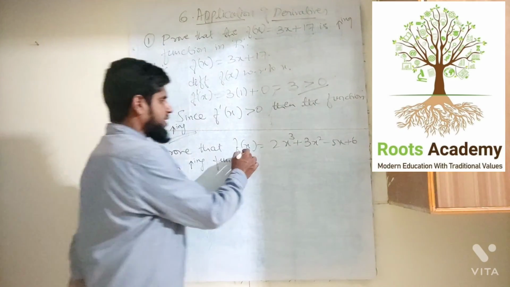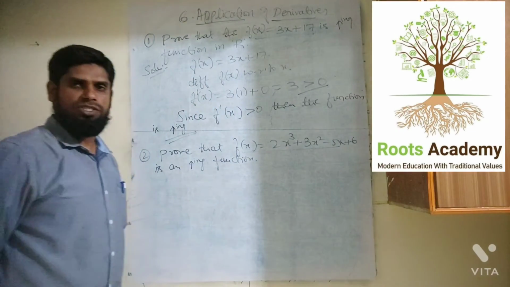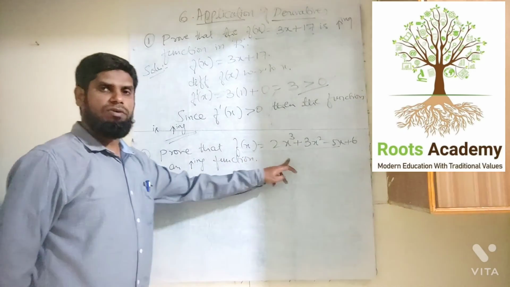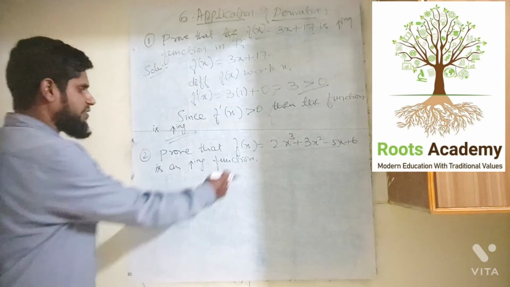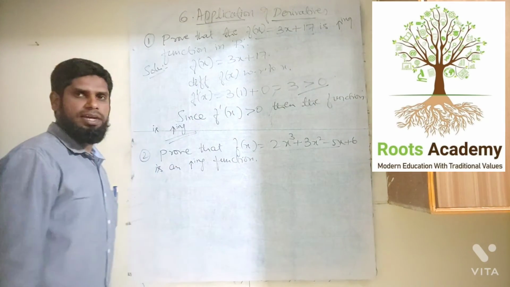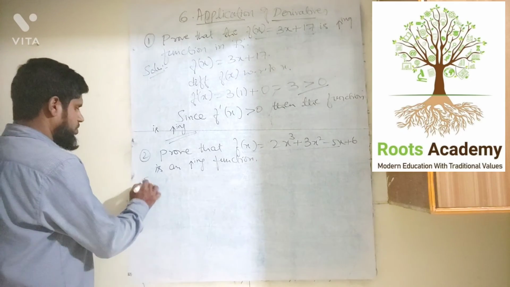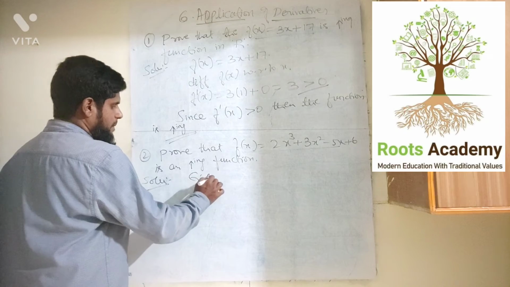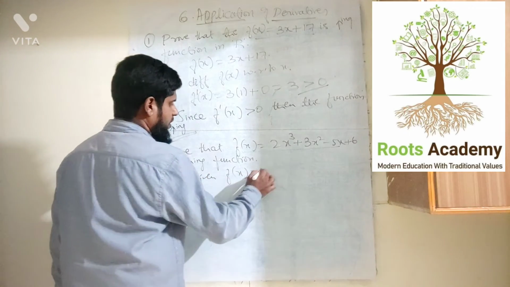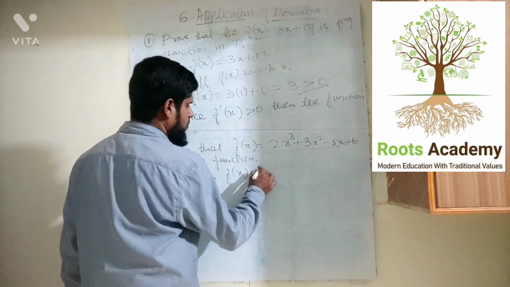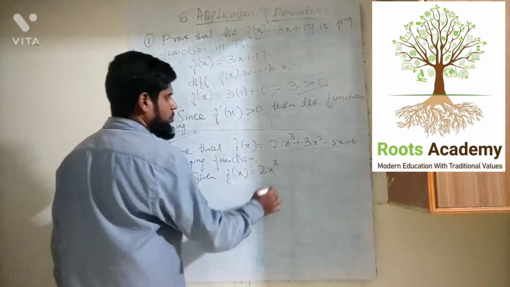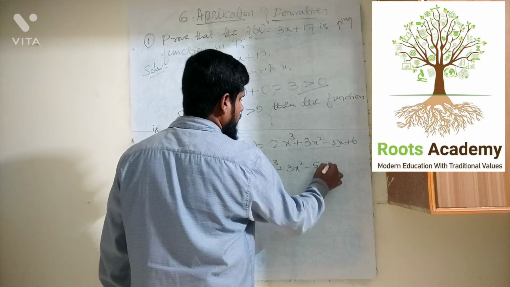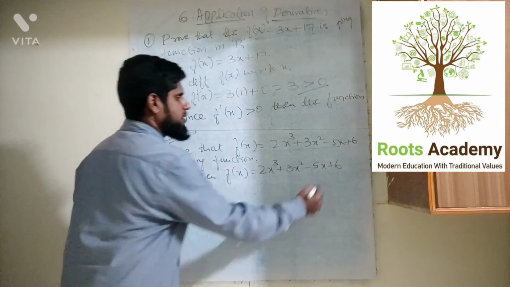This time we have a cubic function, cubic equation, and we should prove that it is an increasing function in real numbers. If nothing is given, then we will consider it is real numbers. Its solution: given f of x is equal to 2x cubed plus 3x square minus 5x plus 6.